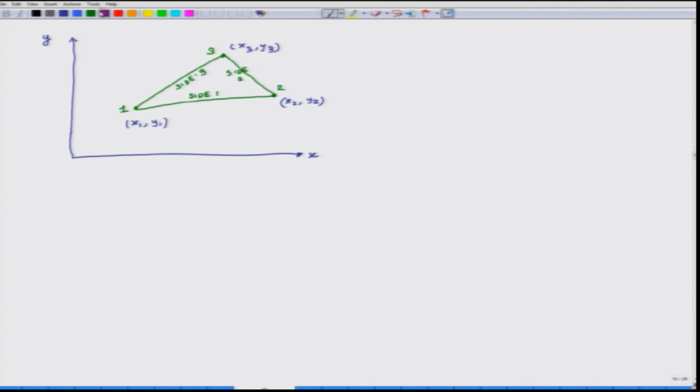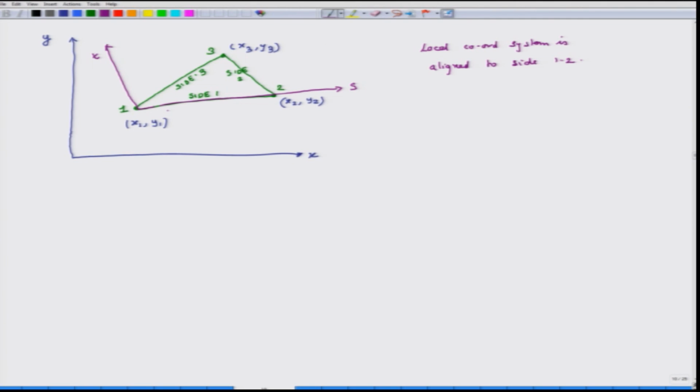Now, we will also develop a local coordinate system. So, the local coordinate system, this is one axis S, and there is another axis normal to it, this is axis T. Okay. So, this local coordinate system, important to remember, is aligned to side 1, 2.